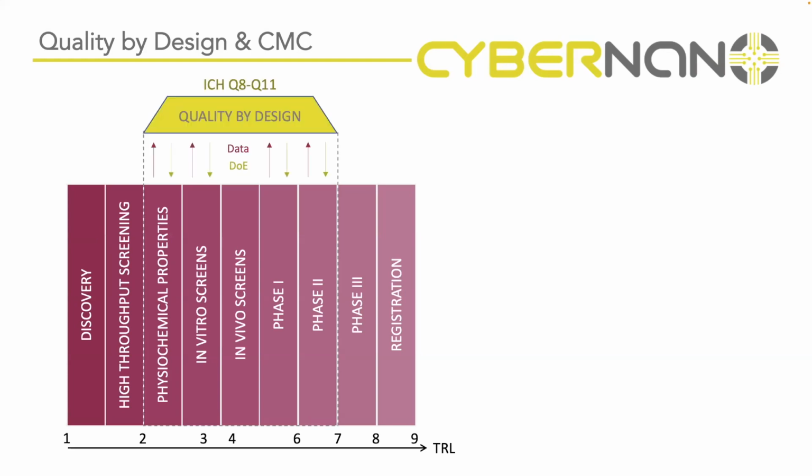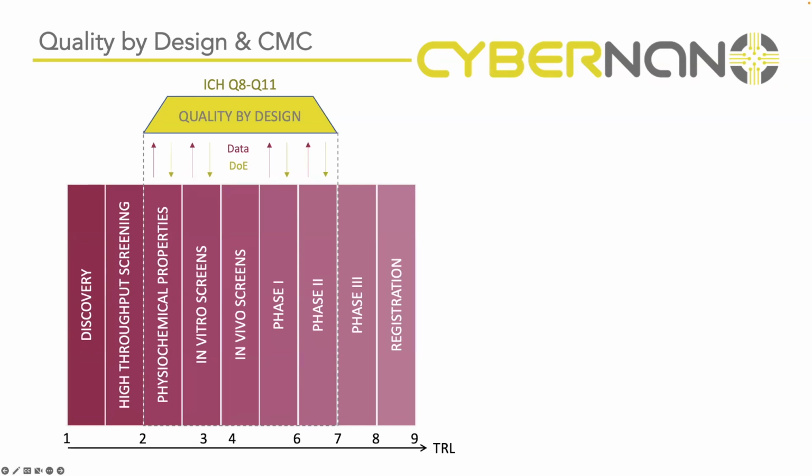Below and at the top, you can see the quality by design. We can define quality by design as a kind of good development practice. The idea is to go as soon as possible from level 2, just after the discovery, up to level 7, that is at the end of clinical phase 2.